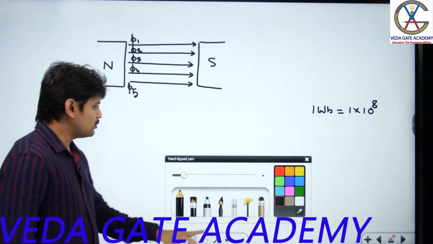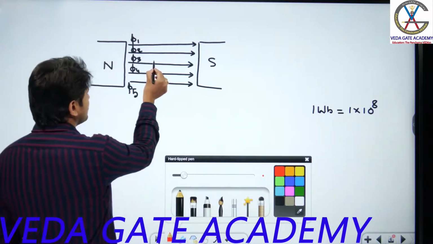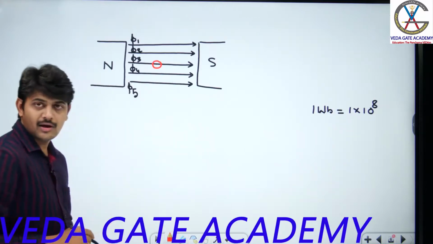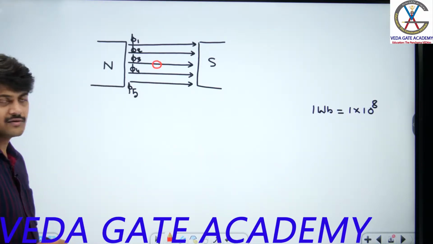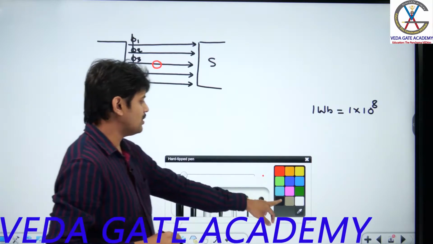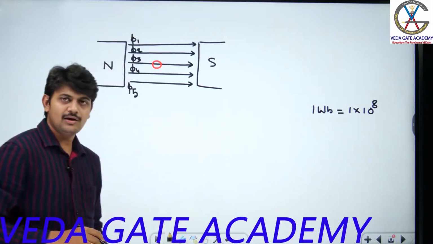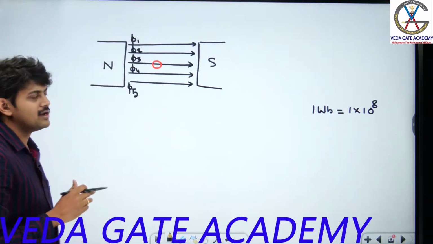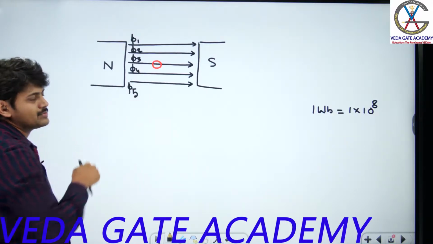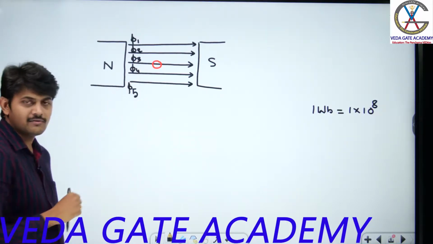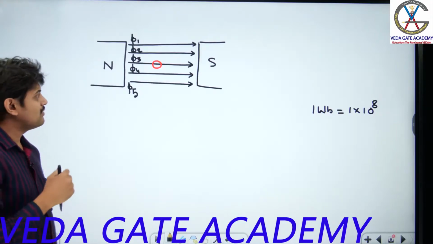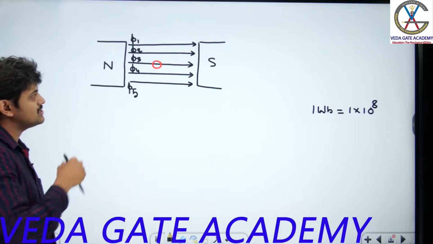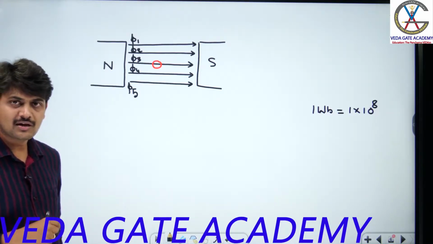Now what I am going to do is place one conductor on the 3rd flux line. Now we will try to see how to generate this dynamically induced EMF. As I said earlier, whenever a conductor is moving inside a time invariant magnetic field, the conductor experiences a change in flux linkages and EMF gets induced across the conductor.